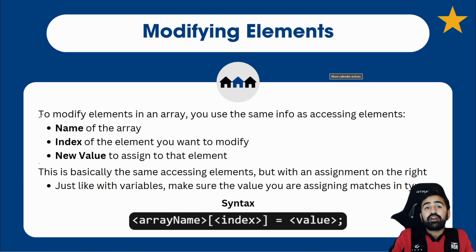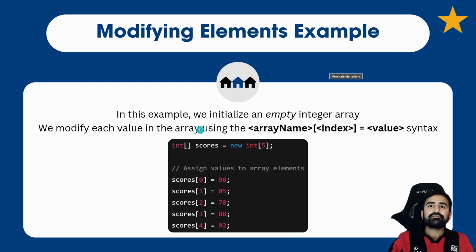And just like with variables, make sure that if you're going to assign that array element a new value, it's still got to match up in the type. You can't be mixing and matching types with arrays. So yeah, int array can only take int values, string array can only take string values, etc. So check out this one. In this example, we initialize an empty integer array, and then we modify each value using the array name, index equals new value syntax.